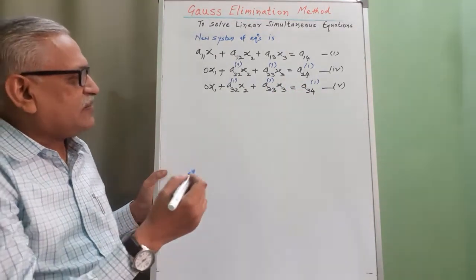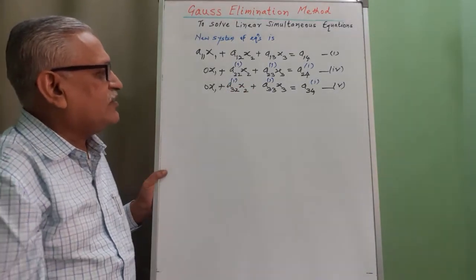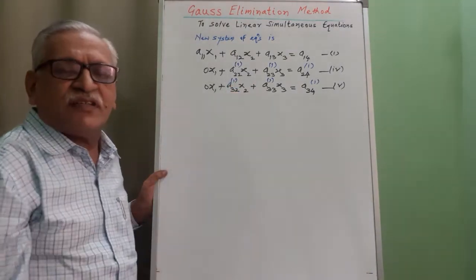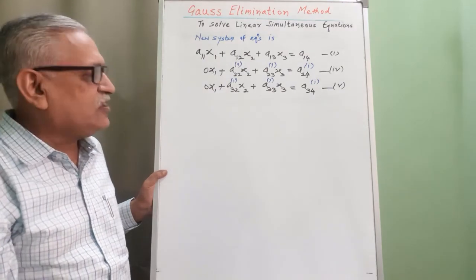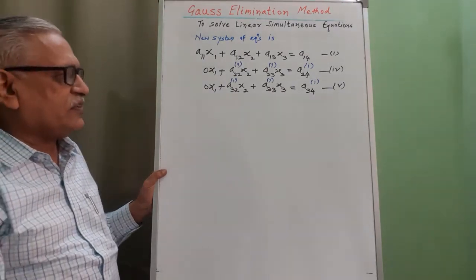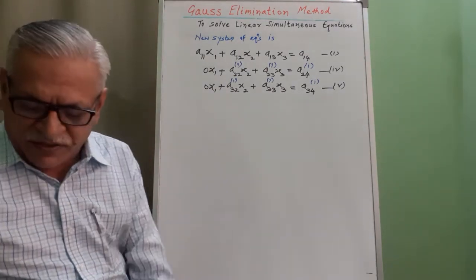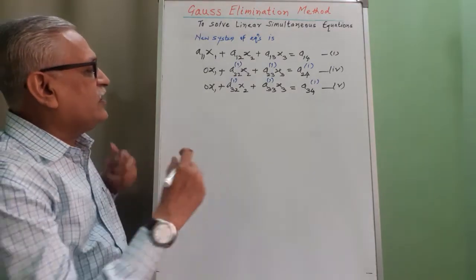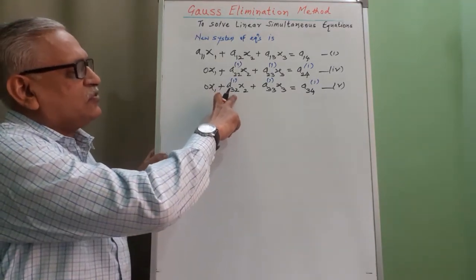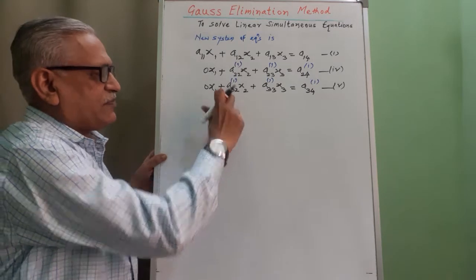That (1) in bracket means the first approximation or the new value for that coefficient. And therefore, in second stage of elimination, we have to eliminate this x2 from equation 5th.